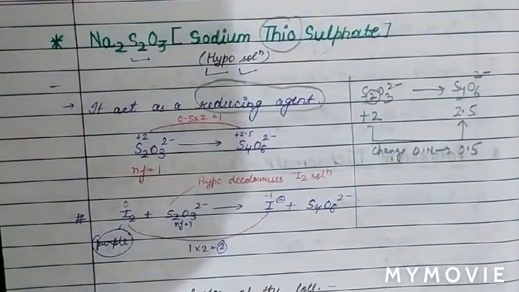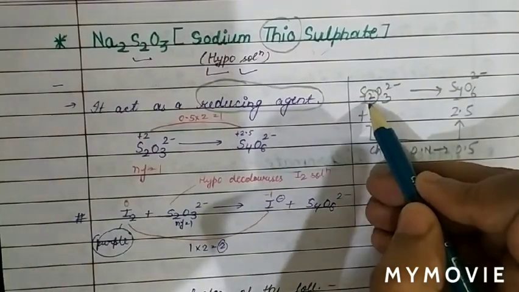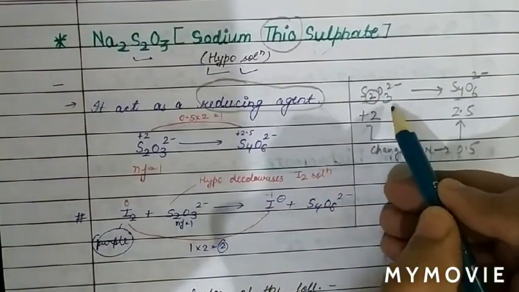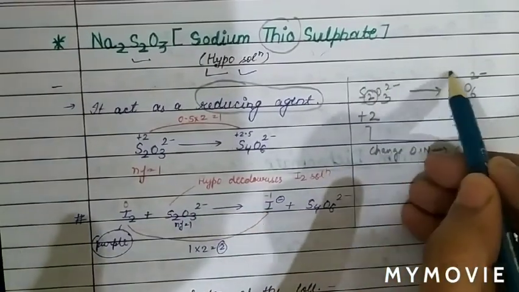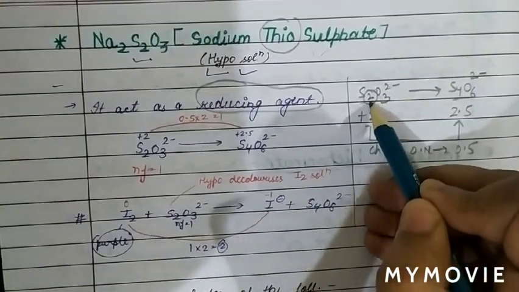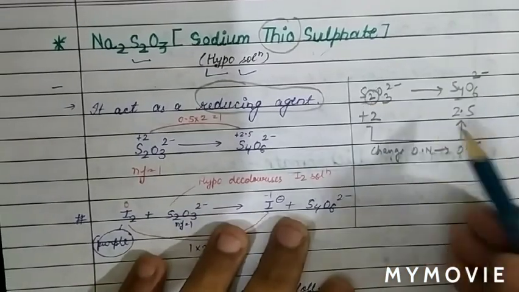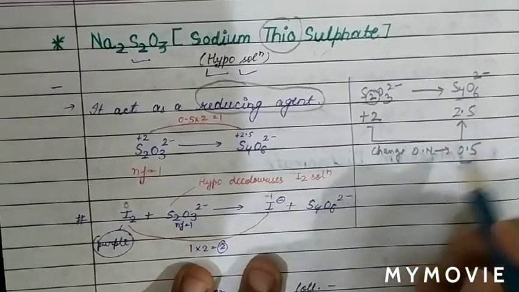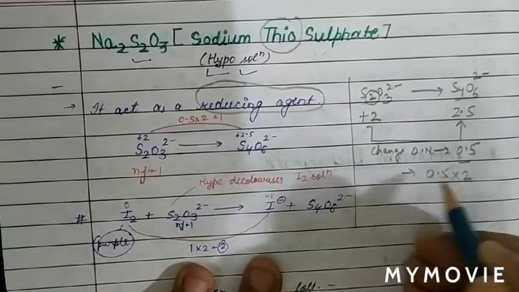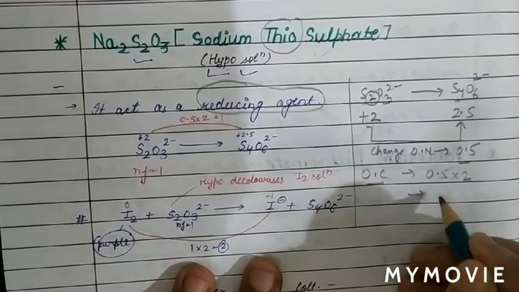Now see the reaction. As we know, S2O3 2 negative, hypo solution, is a reducing agent. Therefore it oxidizes itself. Oxidation state of sulfur changes per atom from 2 to 2.5 for one atom.